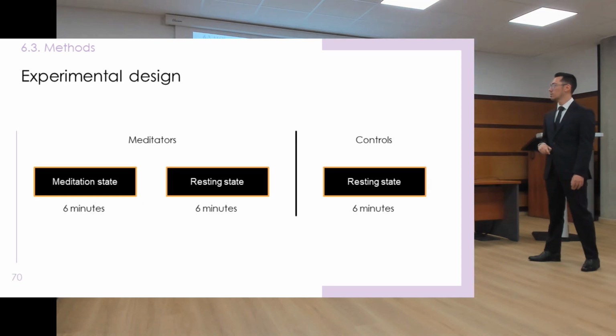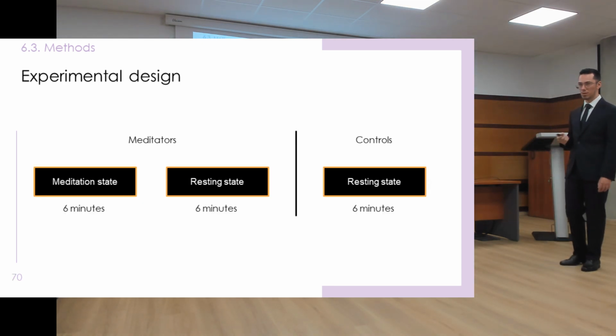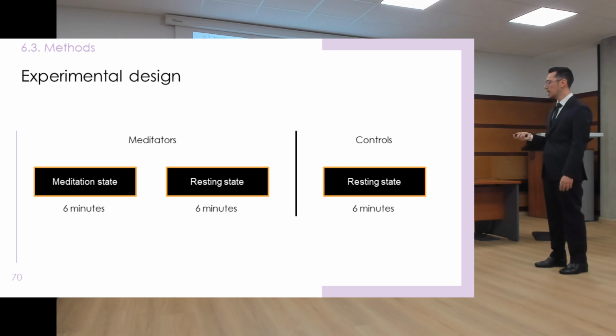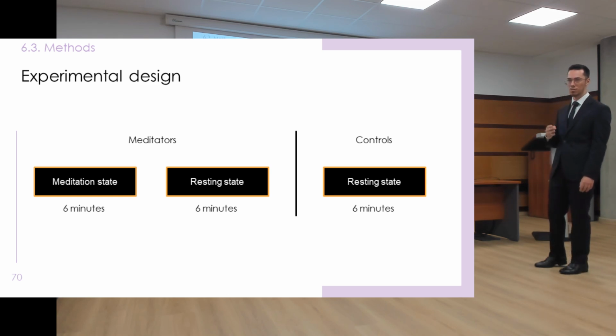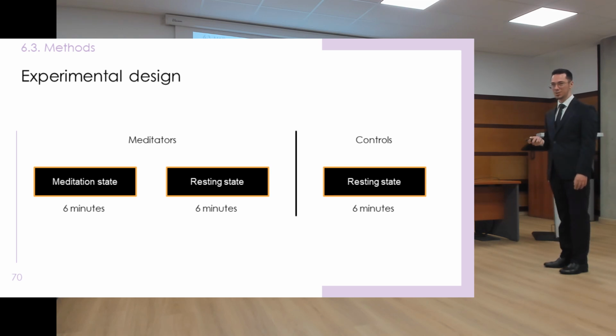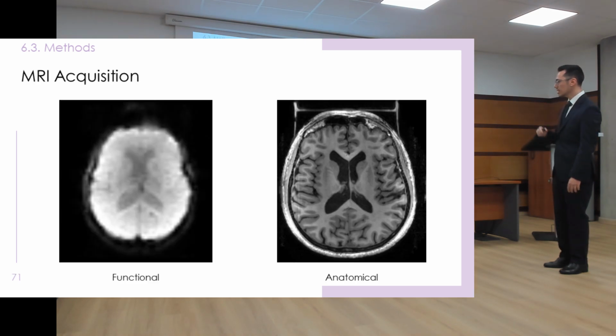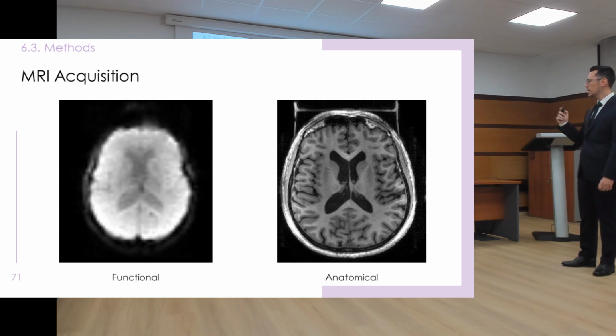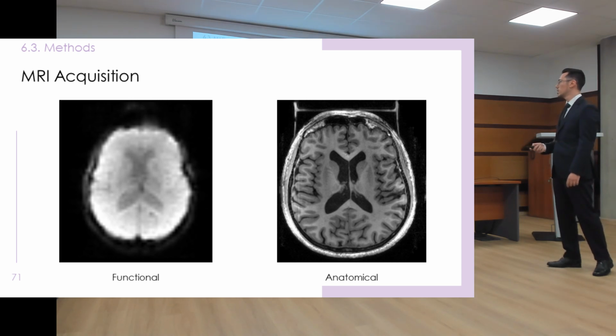So for the resting state functional scan, all participants were instructed, as is typical, to lie still, relax, and allow their mind to wander while not falling asleep. And moreover, meditators were specifically instructed to not meditate during the resting state scan. Functional scanning was carried out with typical values, and prior to the fMRI acquisition, high-resolution anatomical images were obtained for reference.